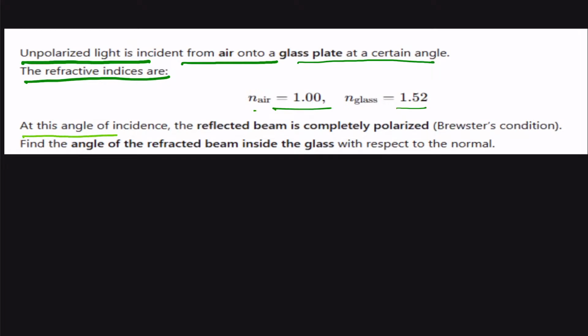At this angle of incidence, the reflected beam is completely polarized, which is also called a Brewster condition. Find the angle of the refracted beam inside the glass with respect to the normal. So this question is basically, as mentioned here, a Brewster condition.